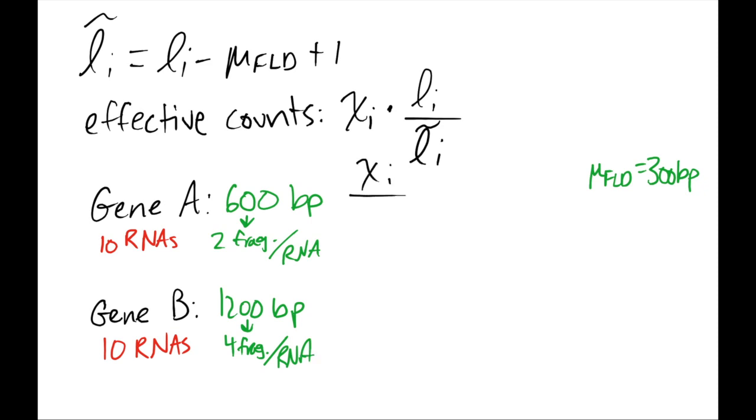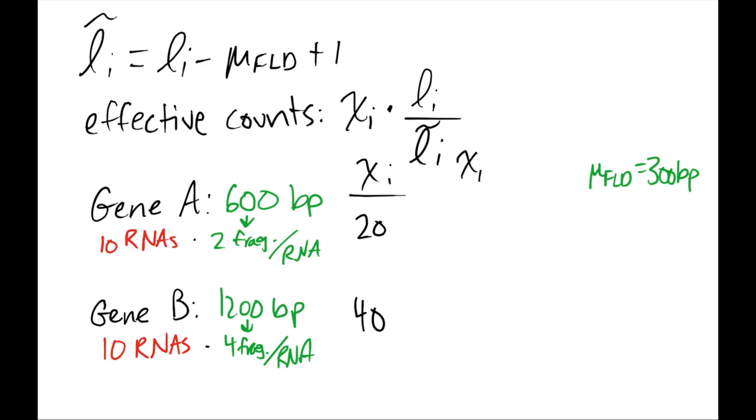If we sequence it and we catch every single fragment, we're going to get approximately 20 fragments. So 20 reads will align to gene A and 40 reads will align to gene B. 10 times 2, 10 times 4. Makes sense.